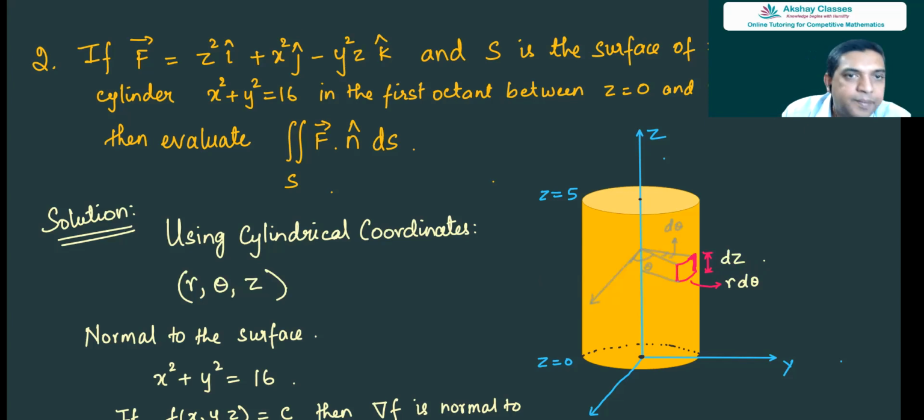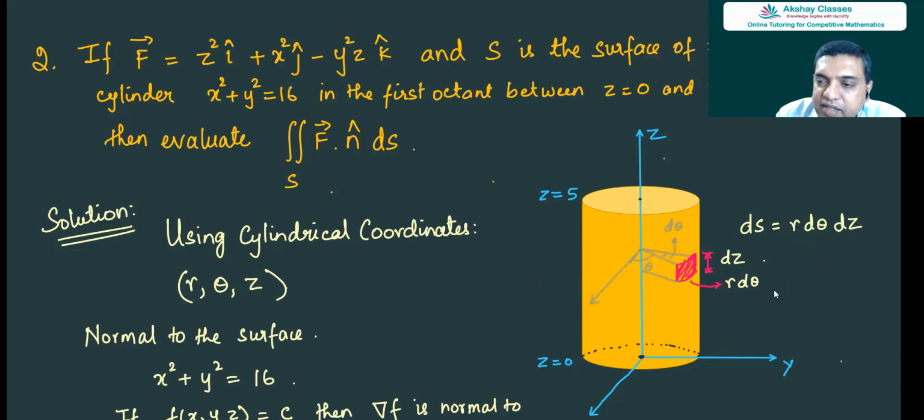So this shaded region here, which is ds, the shaded area is r d theta dz.